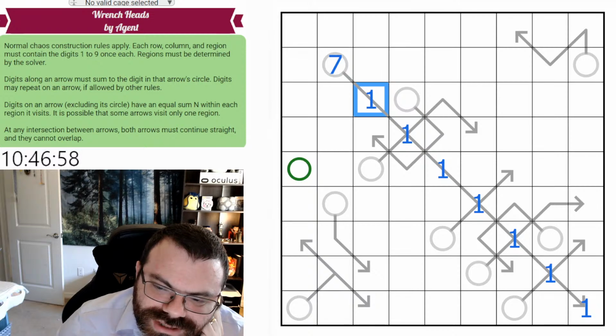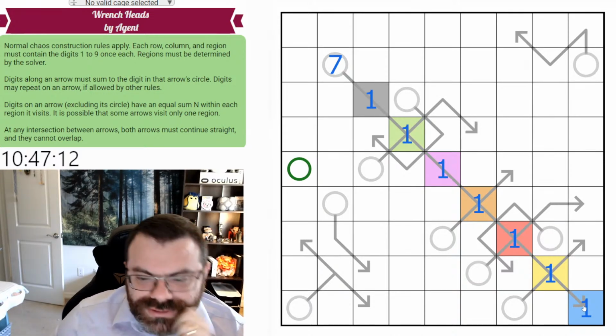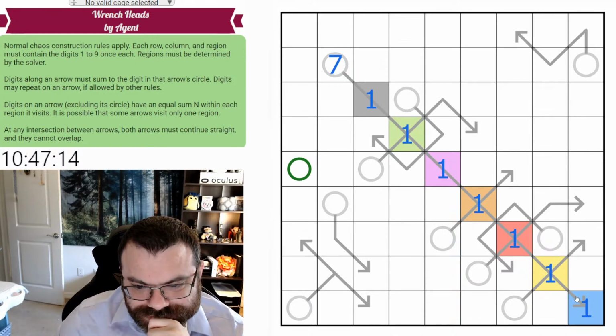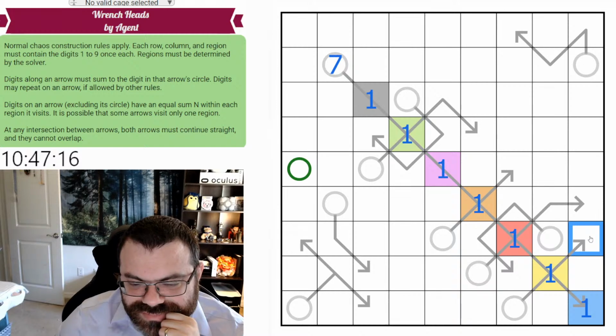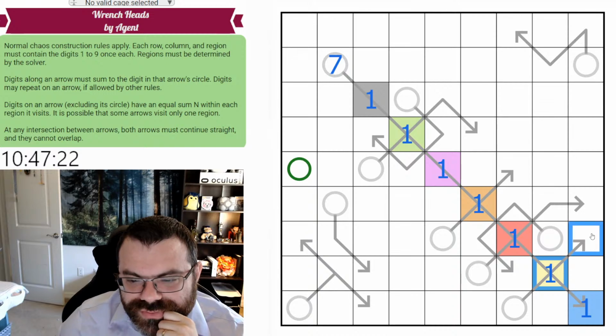So I guess I could pick colors for all these regions. Let's just go in order. There we go. So this has to be in a different region from yellow. Oh no, this could be yellow.